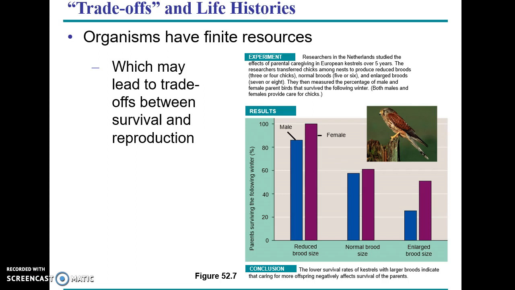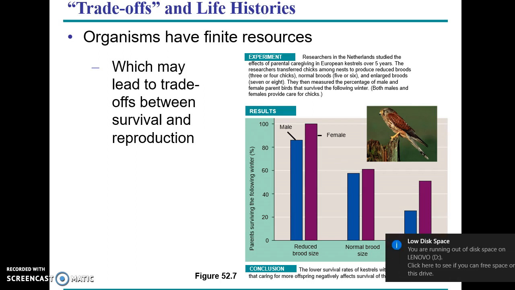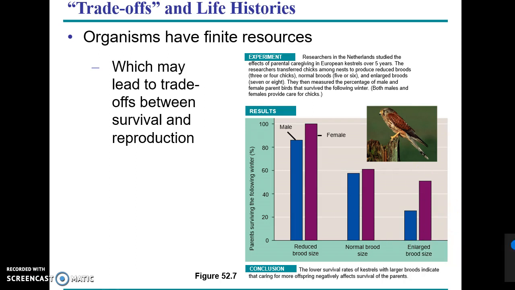This is also the case in terms of brood size. How big your pack is depends on the resources you have. Let's look at a brood. A brood is how many offspring it has. If you have a parent who has too many offspring, then while their genetic material goes to the next generation more effectively, it doesn't mean that the next generation is going to survive at the same rate.